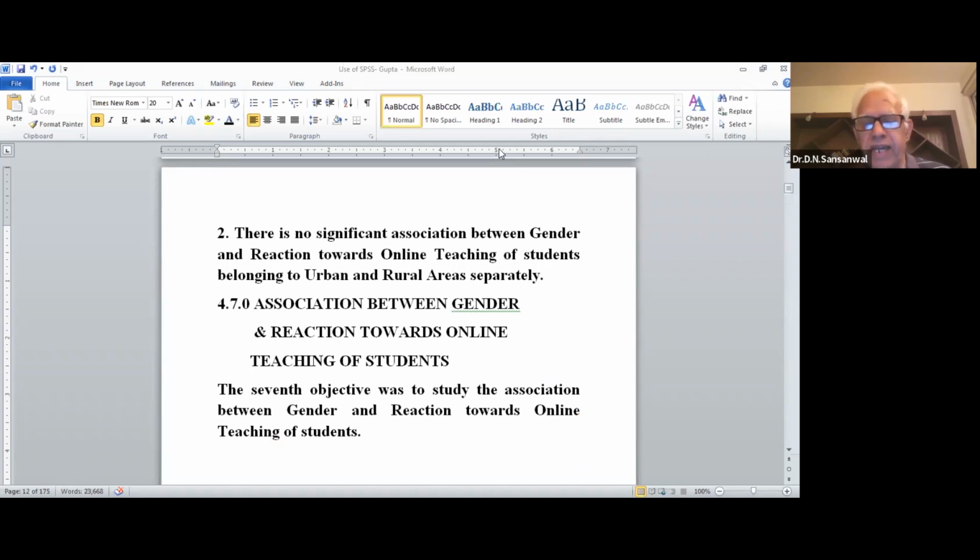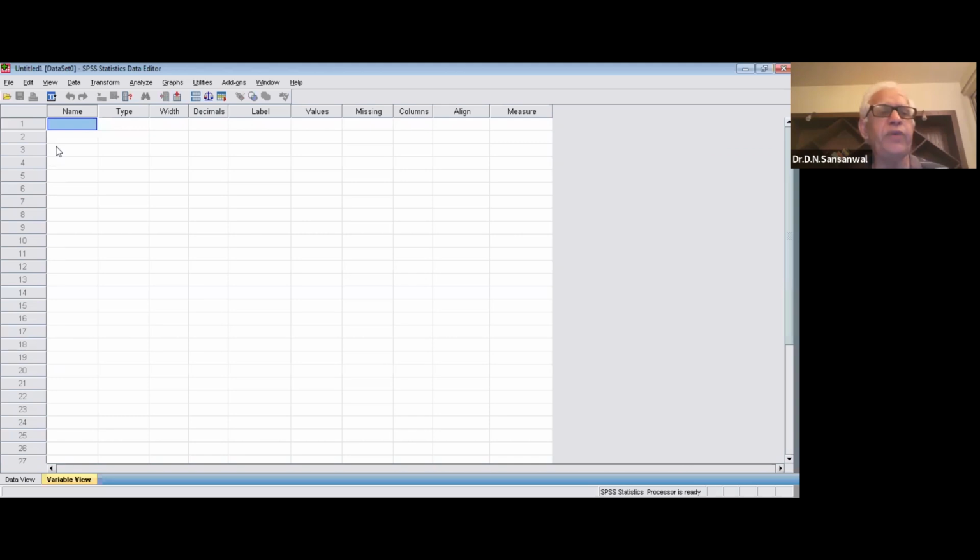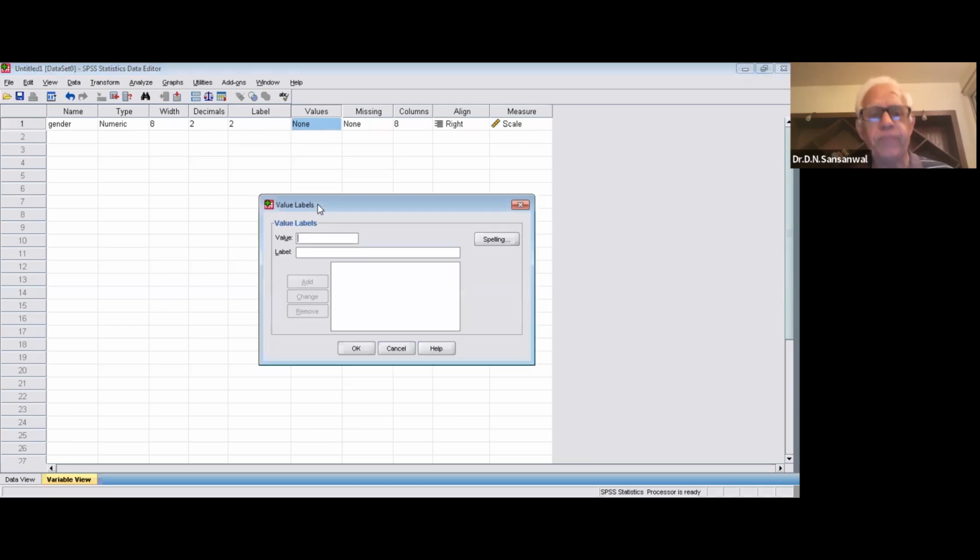So this is my SPSS. And I first go to the variable view. And here I am naming the variable gender. And there are two levels of gender. One is called male students, and two is called female students.